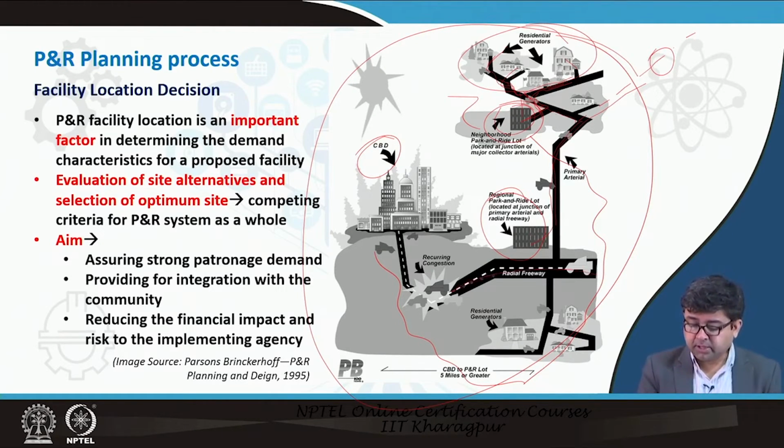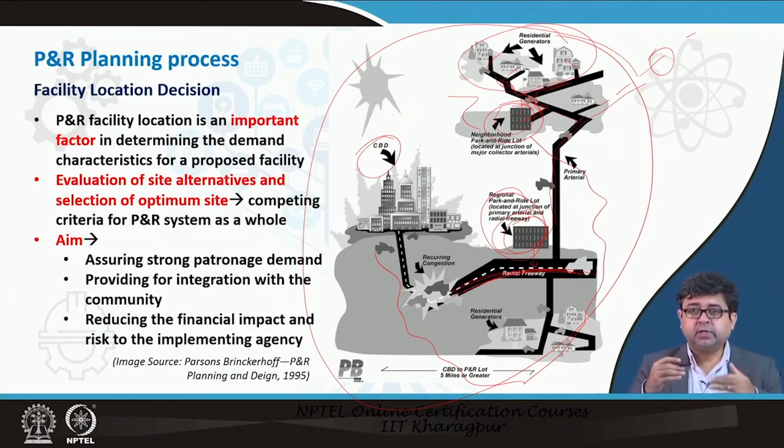Because this regional park and ride lot is well connected to the freeway, on which there may be your high speed bus service, or maybe on the median of that freeway is your metro service, you can again park your car here and have access to your mass rapid transit.